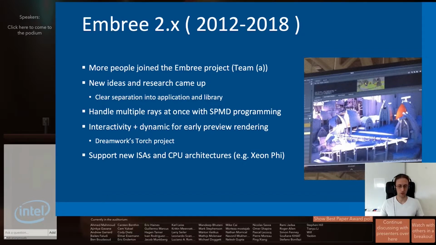Torch was an interactive lighting preview tool that a lighting artist could use to get interactive feedback when dynamically changing the scene. This was actually pretty cool. Here's a picture on the right of this project. And for that, we used the Xeon Phi architecture because back then it provided the most compute power.